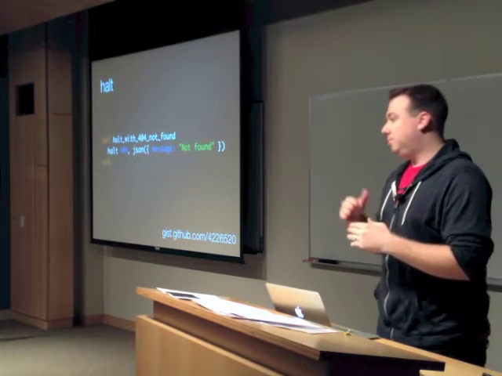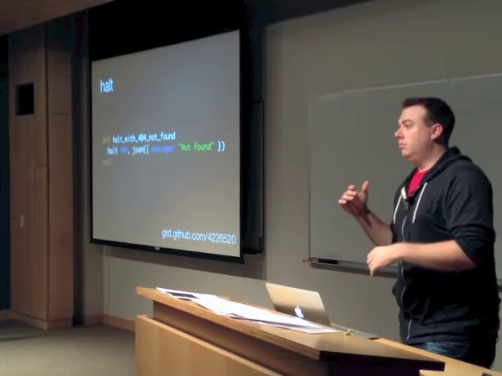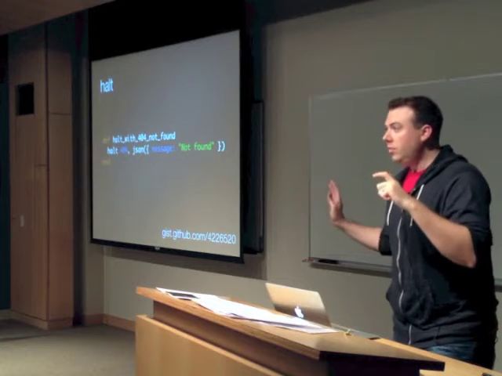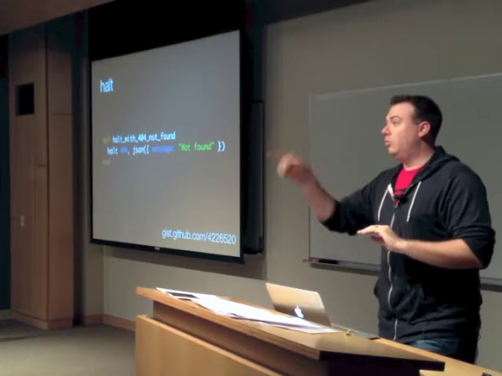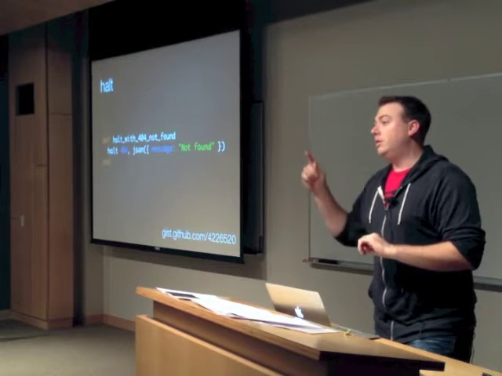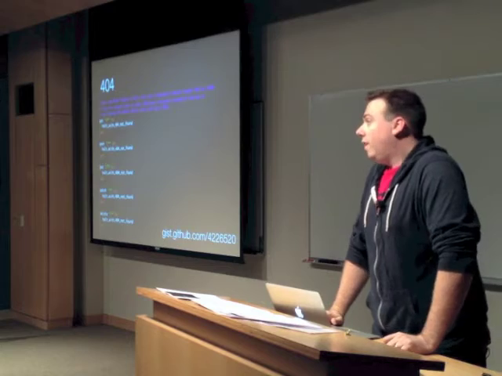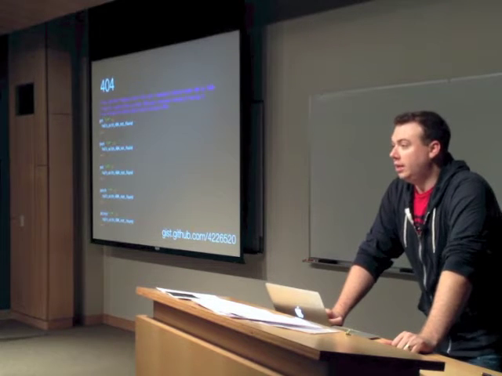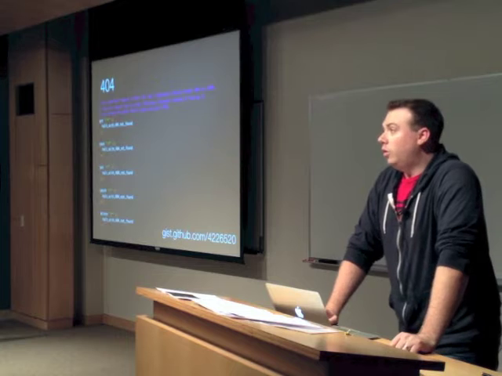Whatever else may be in your Sinatra methods, your get or your post, it's just going to skip it. It's going to stop exactly where you're at, return this status code, and return that body.